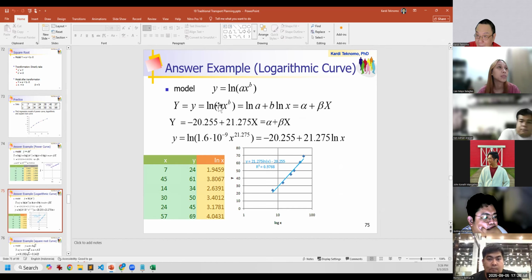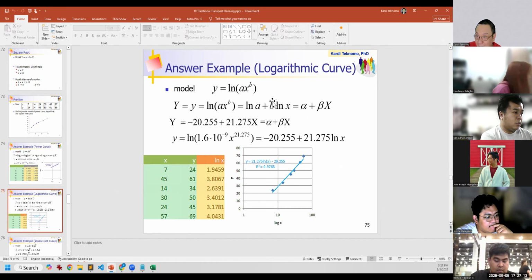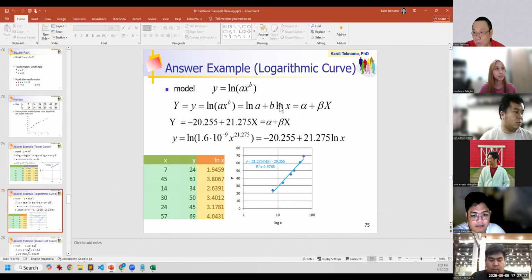So this is the same as ln A plus B ln X. So ln A is alpha, B is beta, and then capital X here becomes ln X. So in this case, we have a new model which is linear.